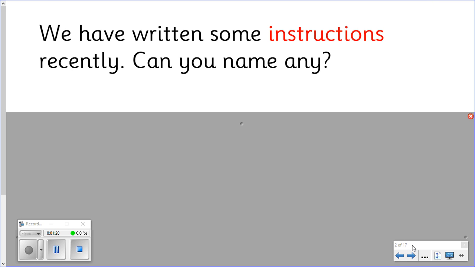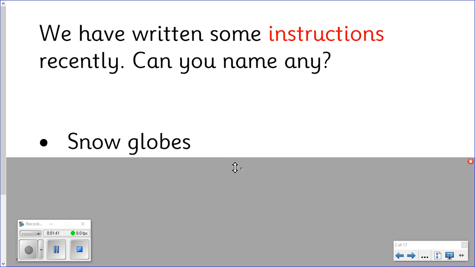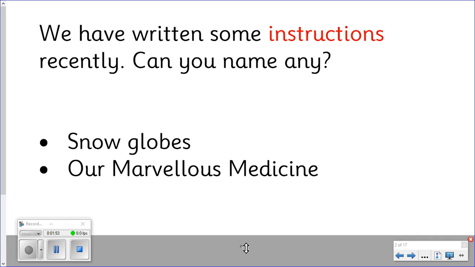And actually, you've already written some instructions. Can you remember any of them? What have you already written sets of instructions about? Did you remember snow globes? So just before Christmas, we made snow globes to take home and we followed a set of instructions and then we wrote a set of instructions. And then more recently, well done.